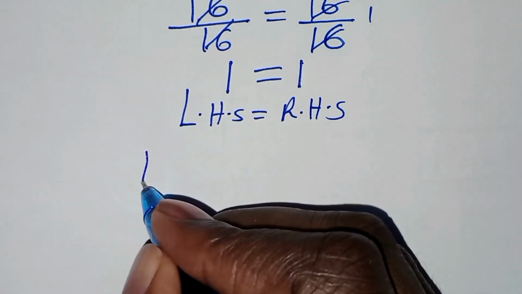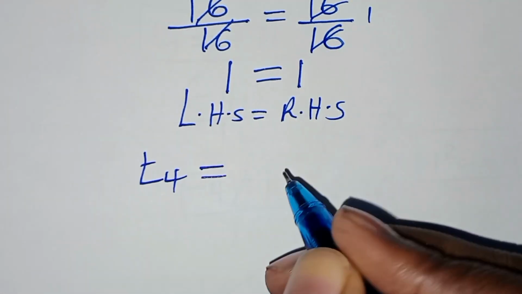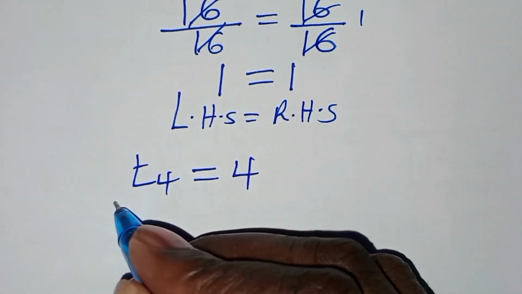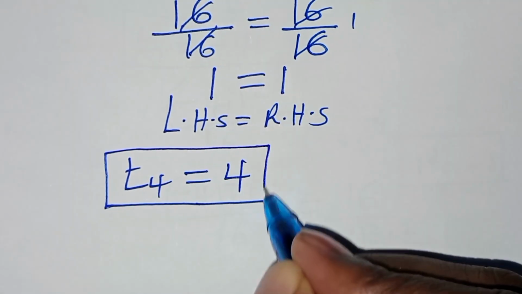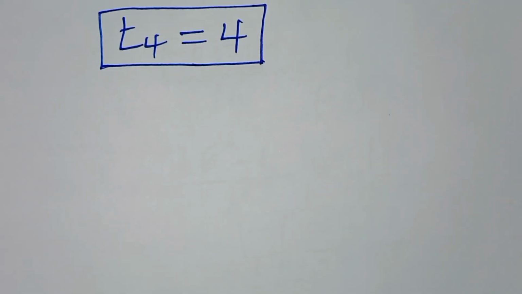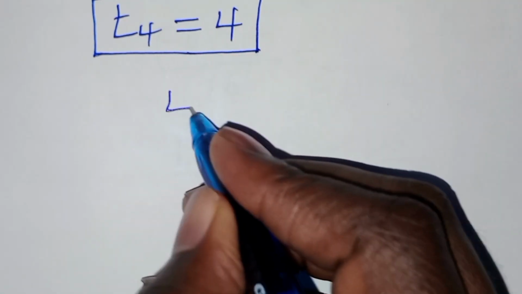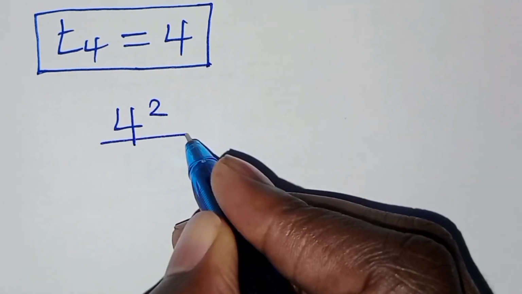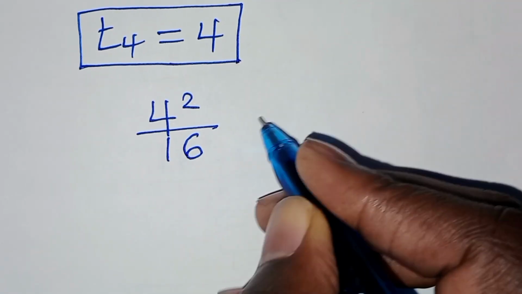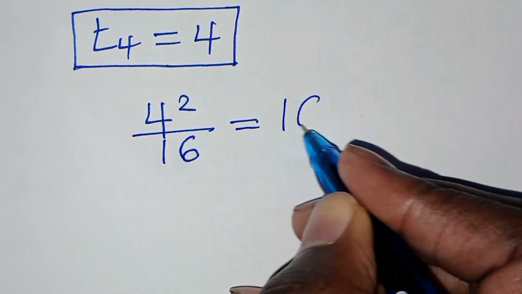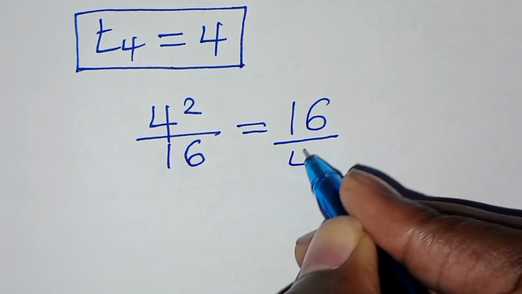Now let's proceed to t4, which is equal to 4. Let's verify that this satisfies the equation. If you recall again, we have 4 to the power 2 divided by 16, equal to 16 divided by 4 to the power 2.